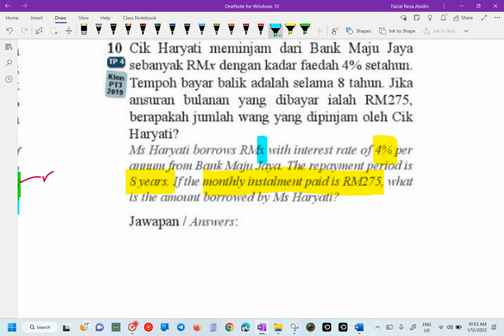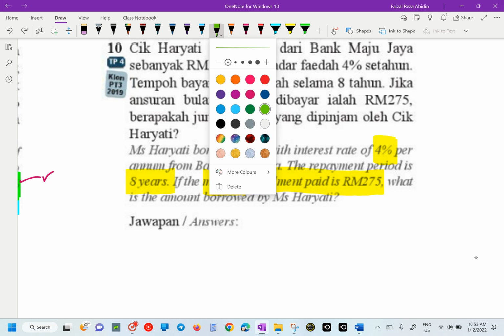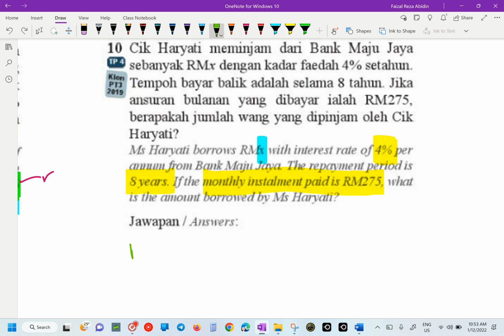So we are going to find the months first. So we have our months here, 12 times 8. How do I know 8? We have 8 years, isn't it? Yes. So I got 96 months first.